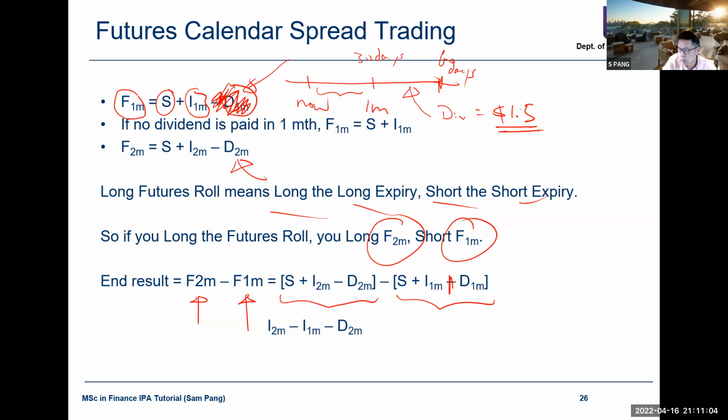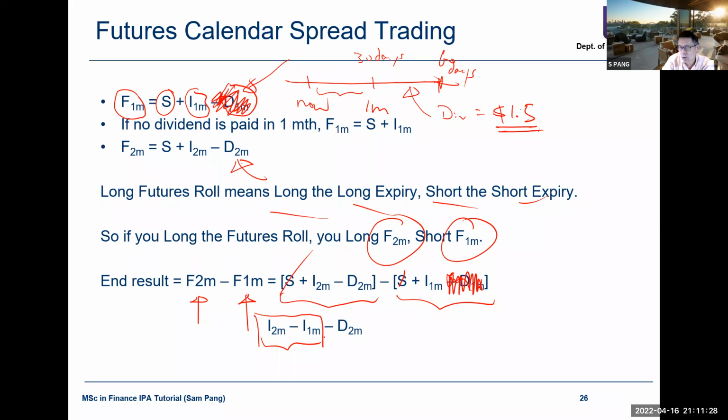Now this is zero, as I said, there's no dividend in the first month. So these two cancel out, and what you are left with is a very short-term curve play, because this is the interest rate of 2 months, but this is negligible.